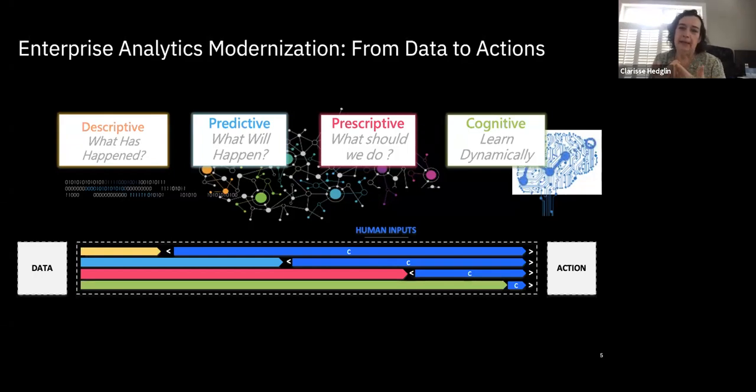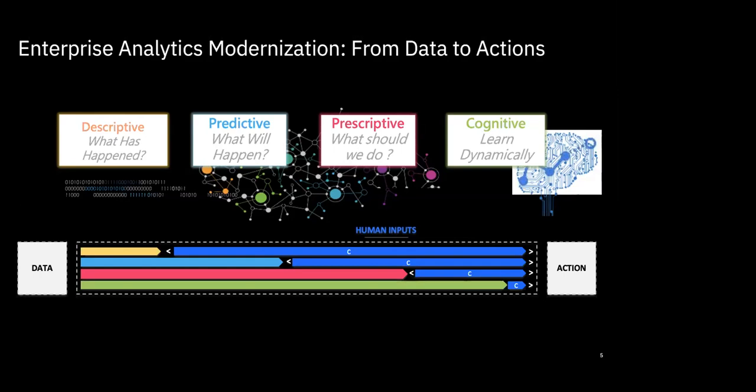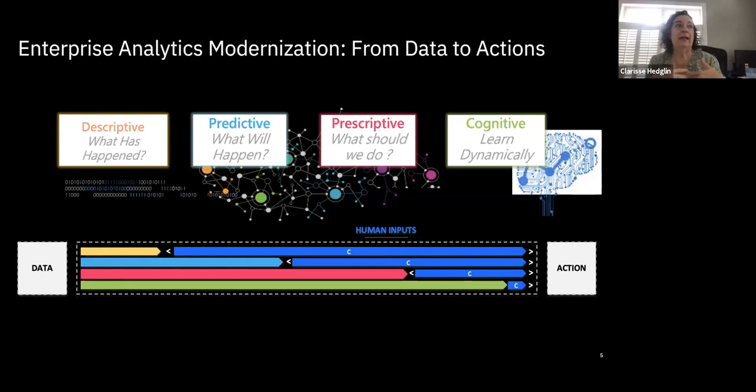Finally, you can get into prescriptive and cognitive phases, and that's where you're really getting to the definition of the action that you want to take based on your data. So prescriptive is what should we do, and that's where you can start building models that look out into the future, that look at your data historically, that look at features in your data and start applying machine learning.